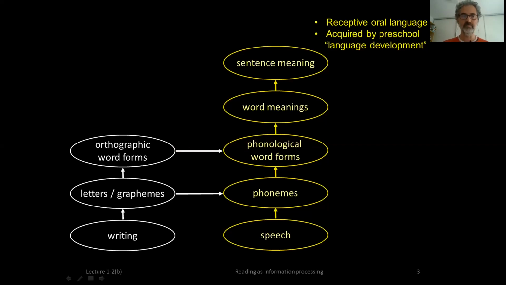And this is a bit more detail into the sense by which written language is grafted on a pre-existing spoken language. And here we're now talking about some theoretical components of this mental mechanism and the kinds of representations that these components operate on.